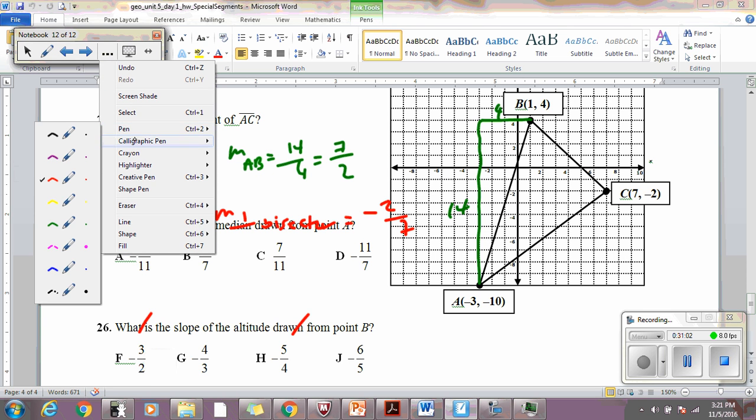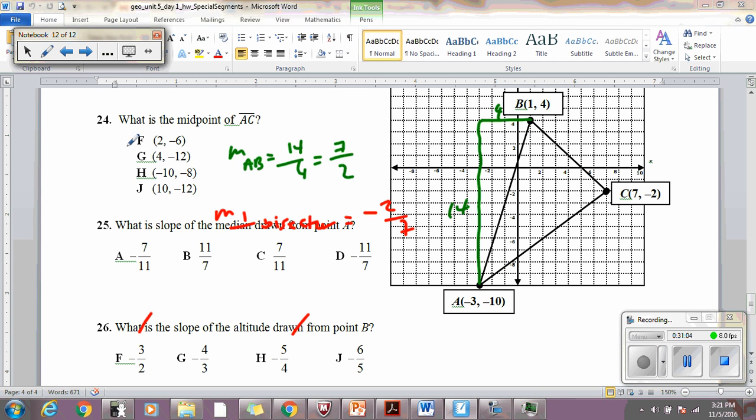So the midpoint would be up 7. So 2, 4, 6, 7. And over 2. 1, 2. So the midpoint would be at negative 1, negative 3.